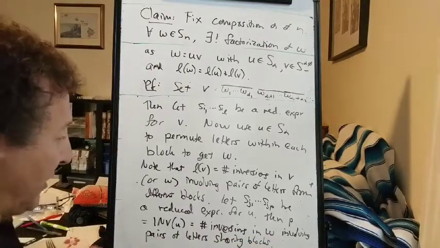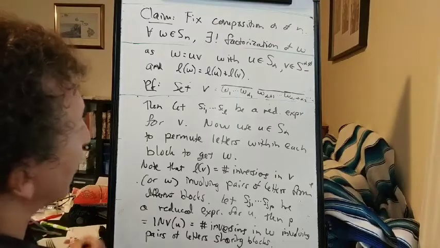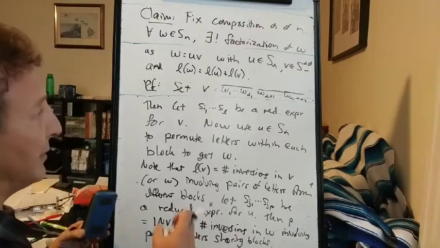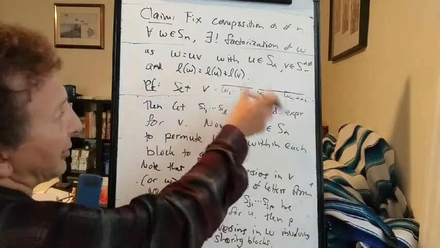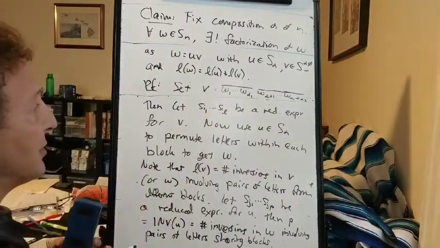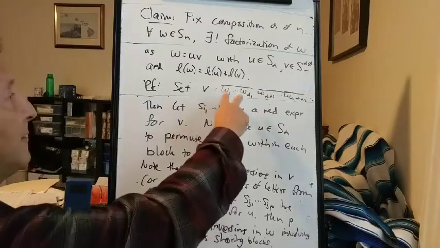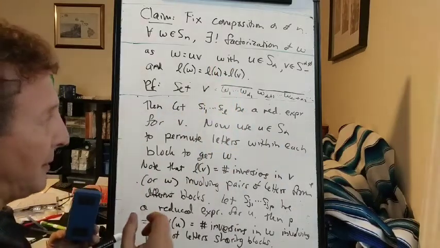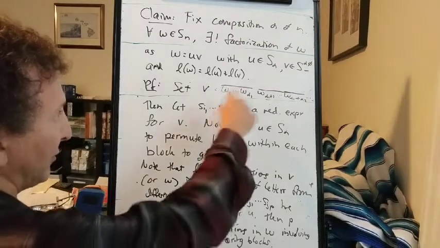So pairs of letters sharing blocks. Now, the total number of inversions in W is, well, either a pair of letters is in the same block or it's not. So the total number of inversions in W is the number of inversions of pairs which share a block plus the number of inversions involving pairs of numbers from different blocks.